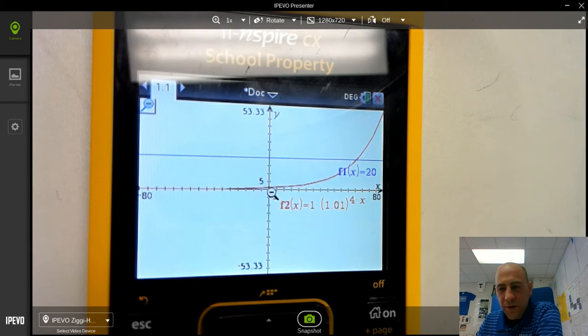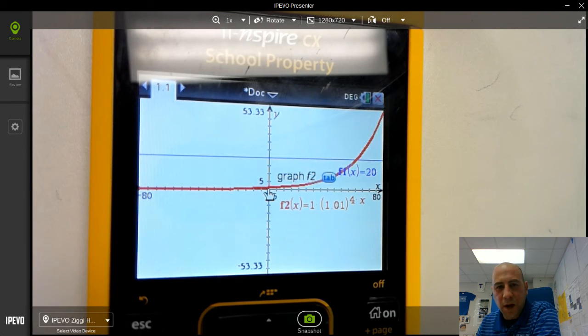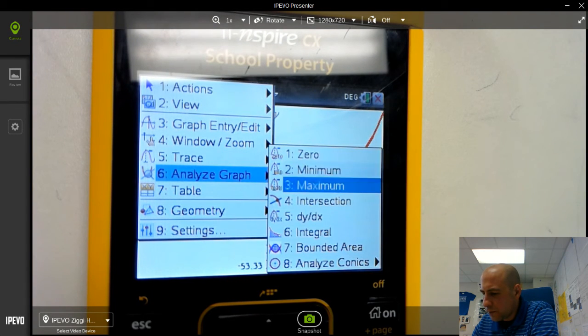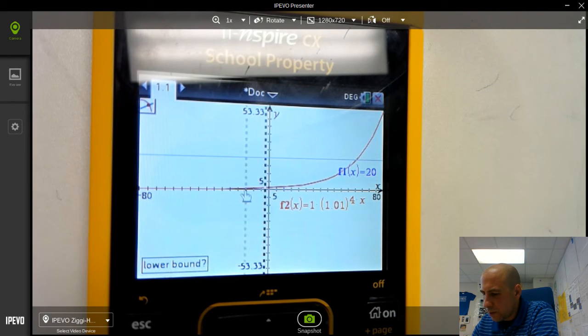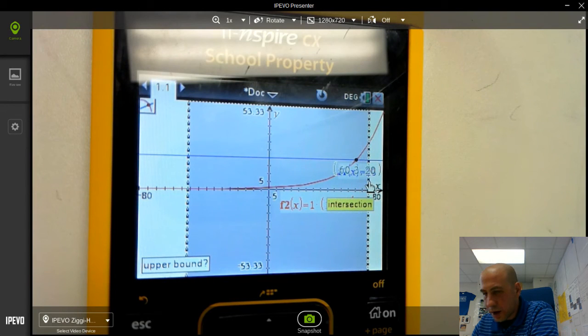We have the intersection, so I'm going to press Escape, and then we're going to go to Menu, Analyze Graph, Intersection. Move the cursor all the way to the left, click, and then drag, and I'm going to stop when I see the word intersection. Got the word intersection, so I'm going to click.